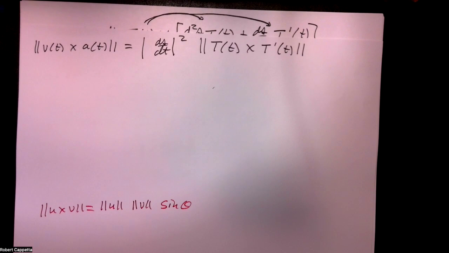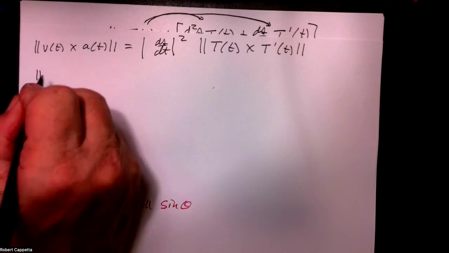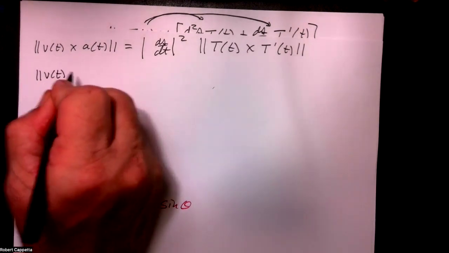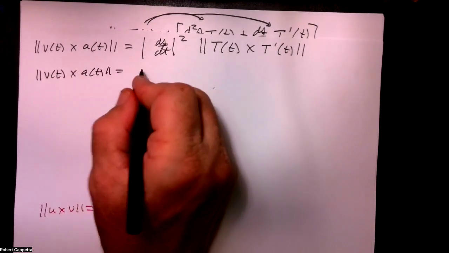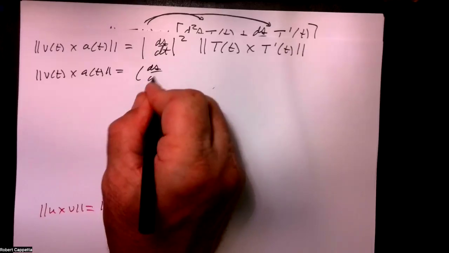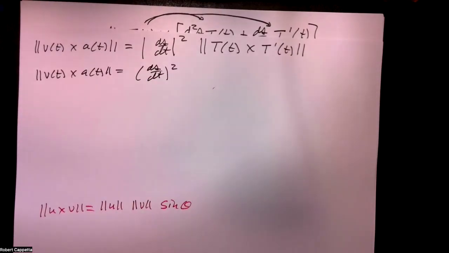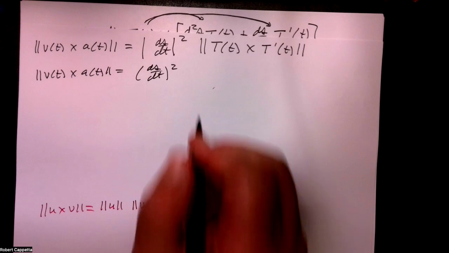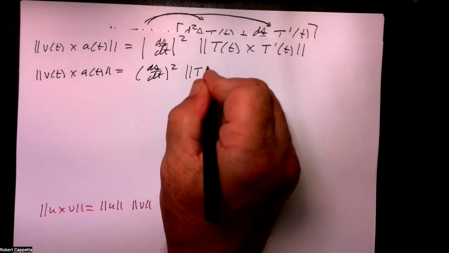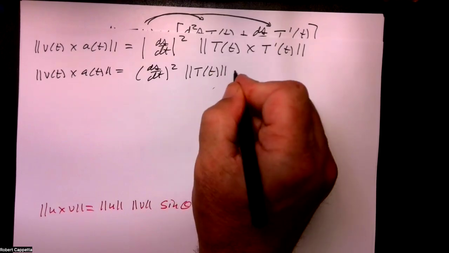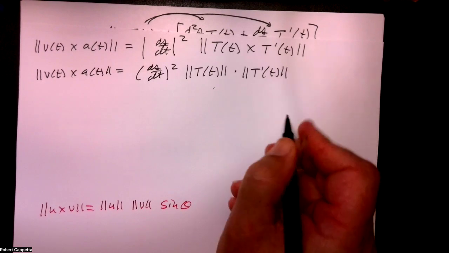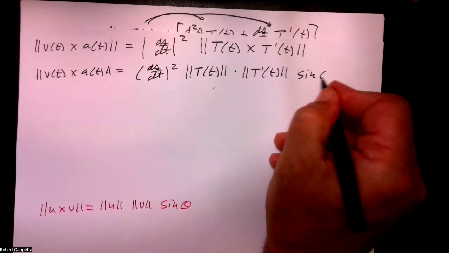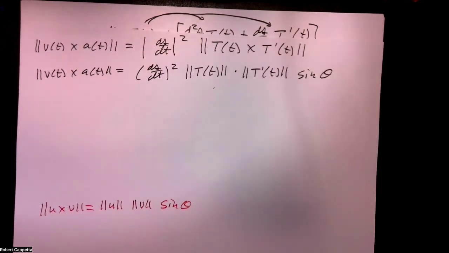So using that rule up here then, we get the magnitude of v of t cross a of t is ds/dt squared. Again, no need for absolute values, since it's squared, it will always be positive. Magnitude of T, do you know what that is? Times the magnitude of T prime of t. Do you know what that is? Times the sine of theta.